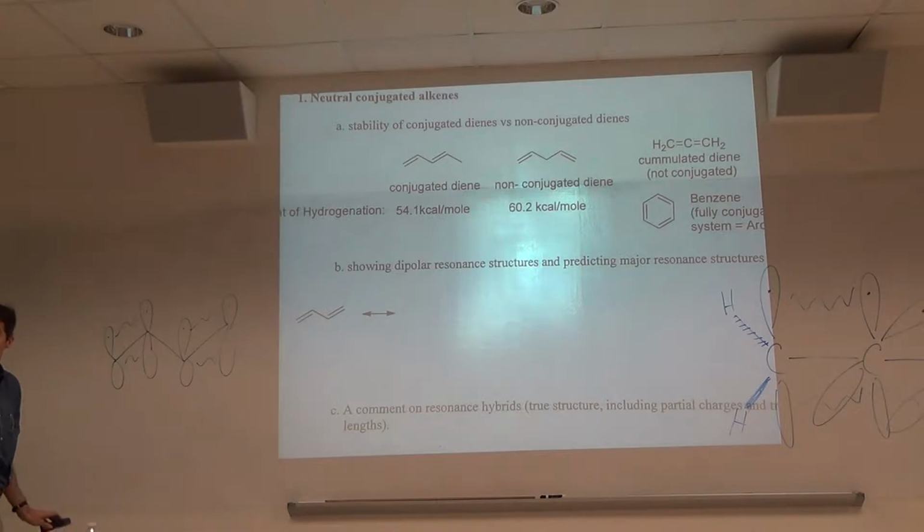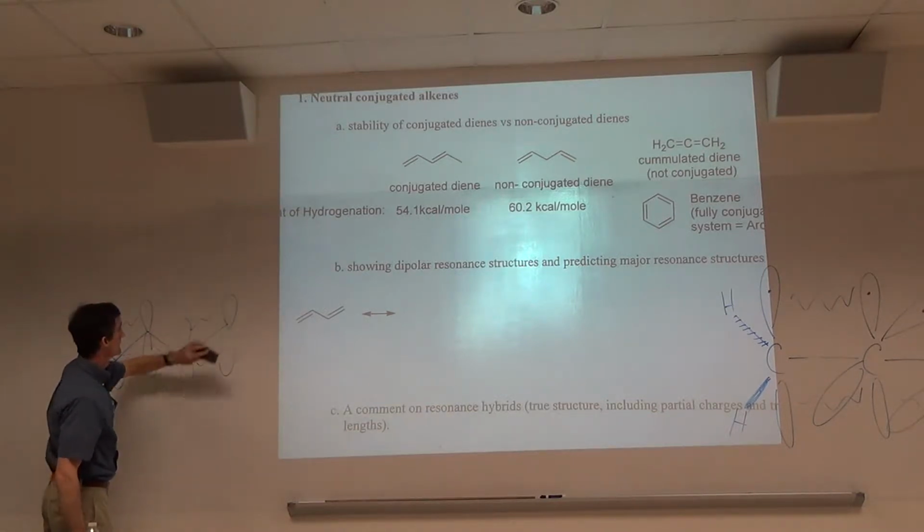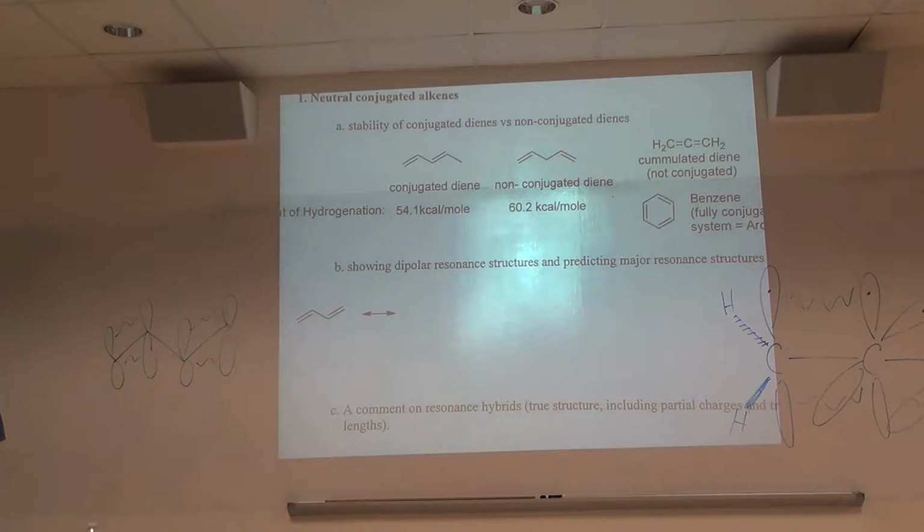So these orbitals that you're drawing are really just a representation of where the probability of the electron is going to be, and the wider it is, the greater it is. So what would an actual orbital look like in this resonance structure? So you really get into molecular orbitals. Okay?